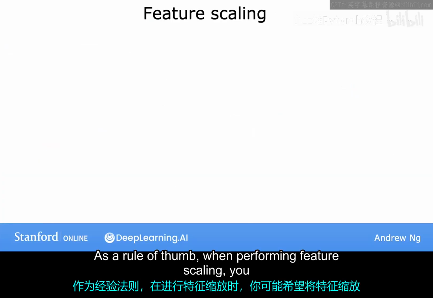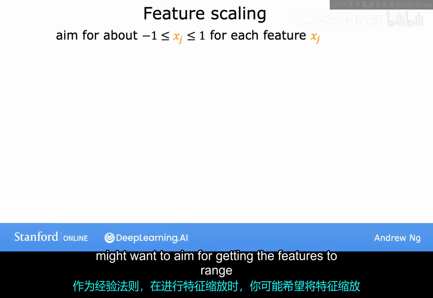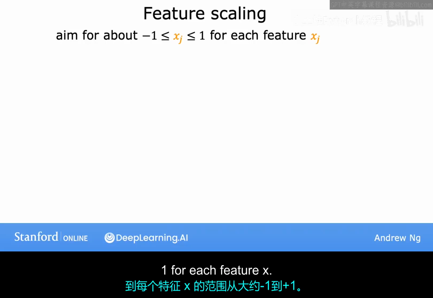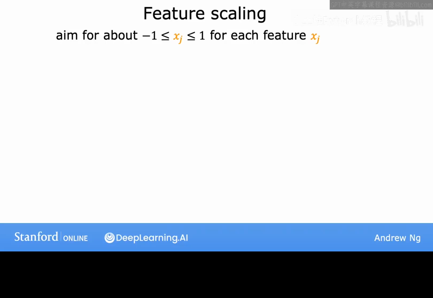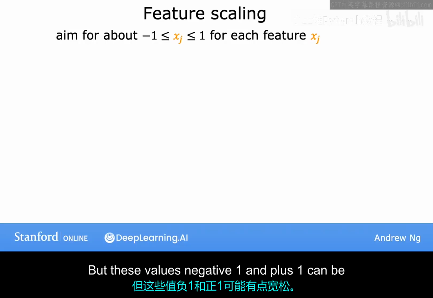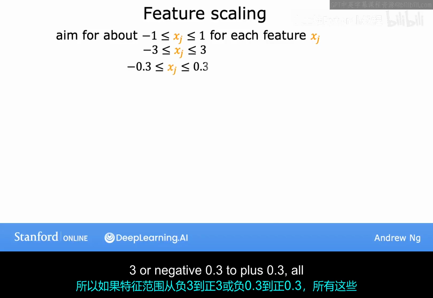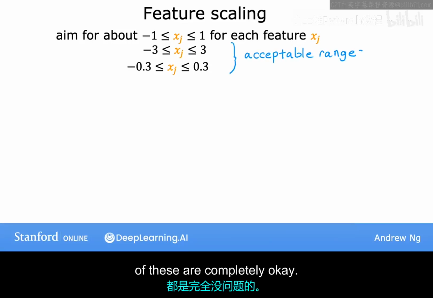As a rule of thumb, when performing feature scaling, you might want to aim for getting the features to range from maybe anywhere around -1 to somewhere around +1 for each feature x. But these values, -1 and +1, can be a little bit loose. So if the features range from -3 to +3 or -0.3 to +0.3, all of these are completely okay.